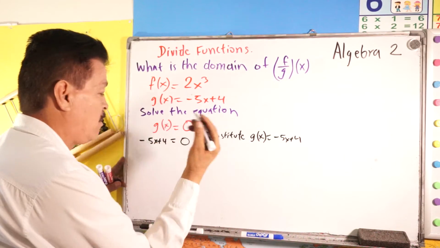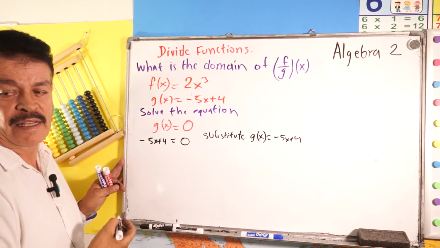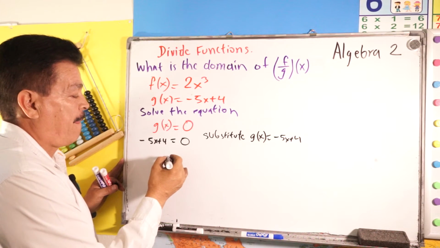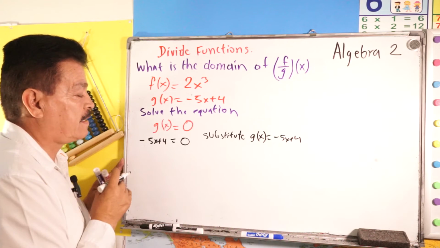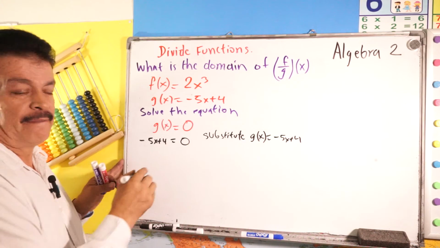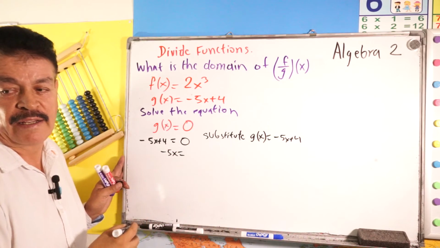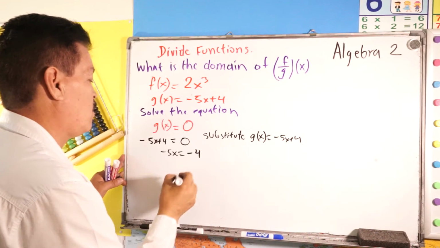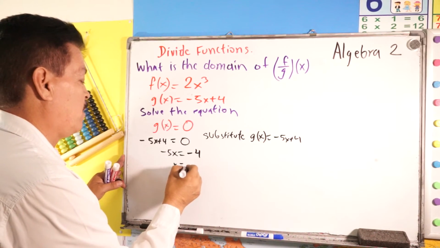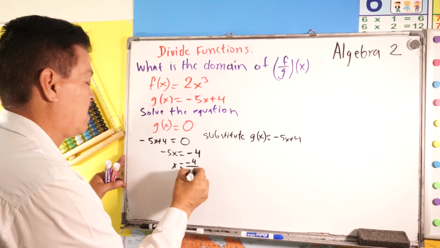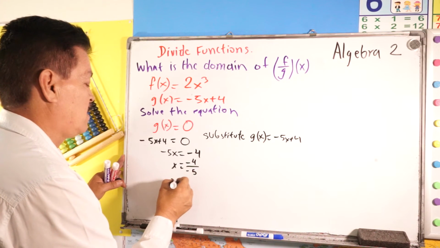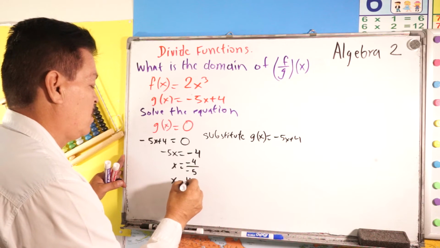Now simplify: negative 5x equals negative 4, so x equals negative 4 divided by negative 5, which is 4/5.